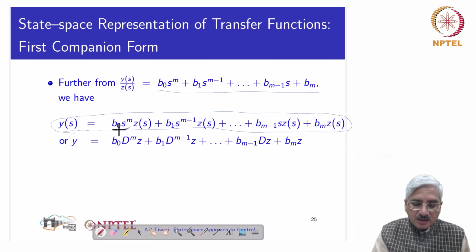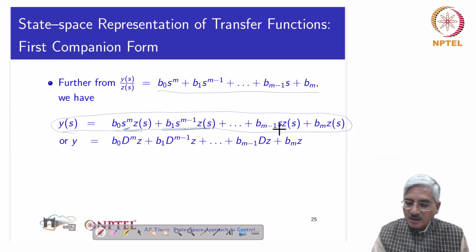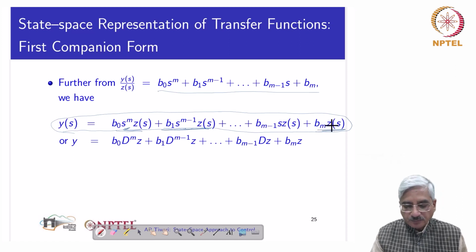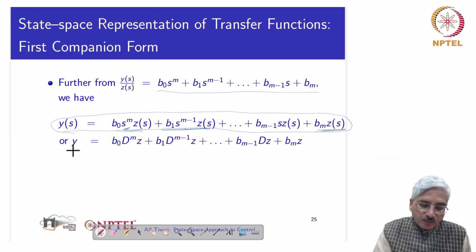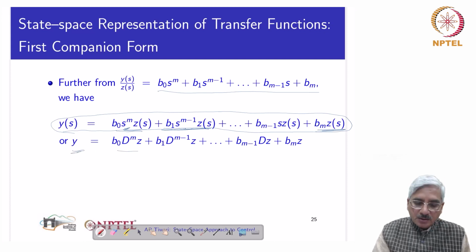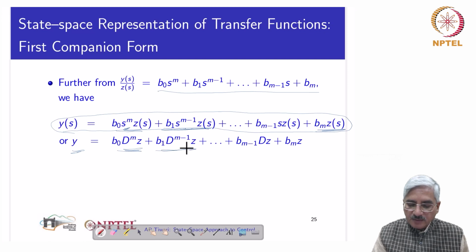So we have Y(s) as b0 s power m Z(s) plus b1 s power m minus 1 Z(s), and so on up to bm Z(s). And if we take the inverse Laplace transform, then y(t) will be b0 times the mth derivative of z, b1 times the m minus 1th derivative of z, and so on up to bm z.